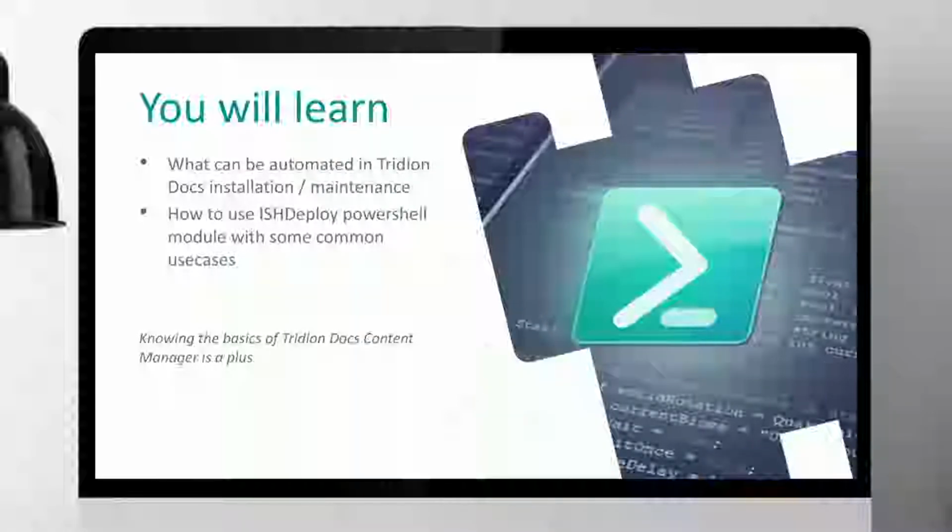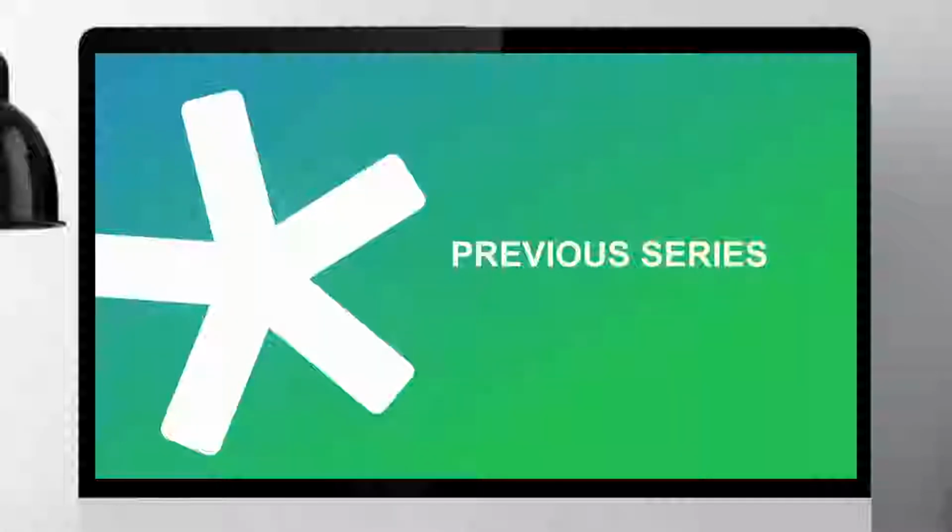Basic knowledge of Tridion Docs, especially the installation part, is preferable, but I believe it would be interesting for people with any background. This is actually a continuation of a series of webinars about PowerShell. The previous webinar was Automating Tasks in SDL Tridion Docs Using PowerShell, held by Pascal Butels and Dave DeMeyer. So this is just a continuation.